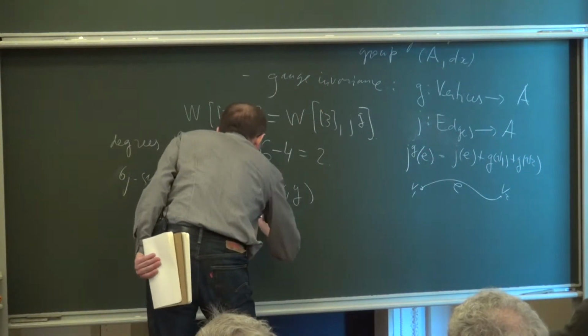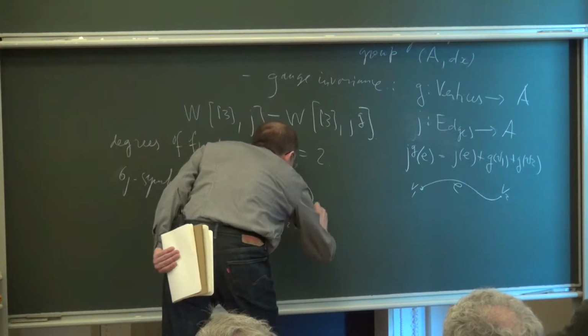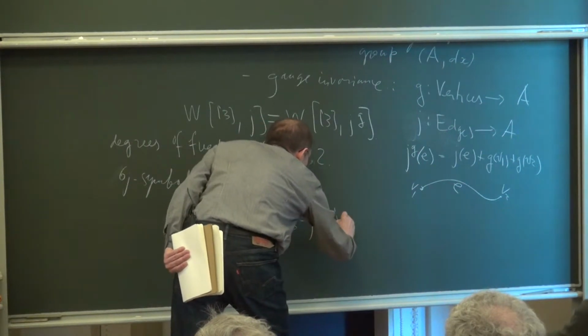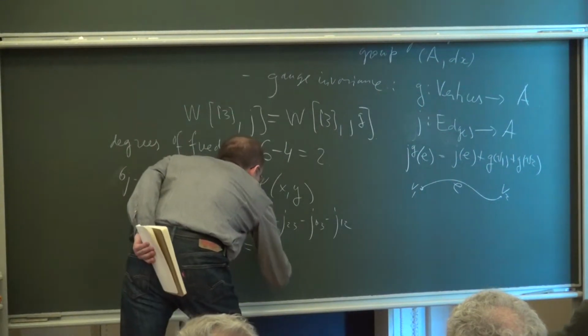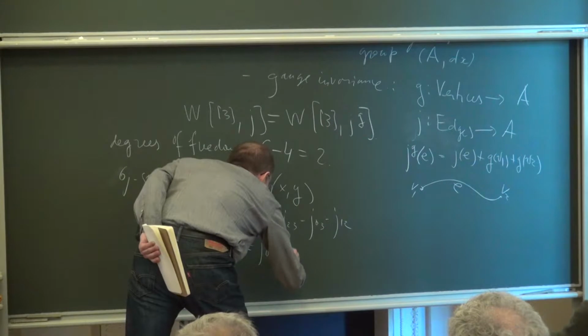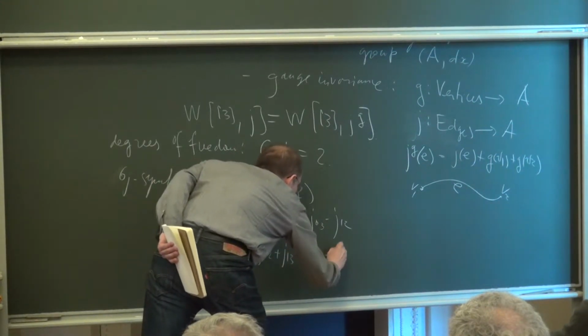where x is given by j01 plus j23 minus j03 minus j12, and y is given by j02 plus j13 minus j03 minus j.